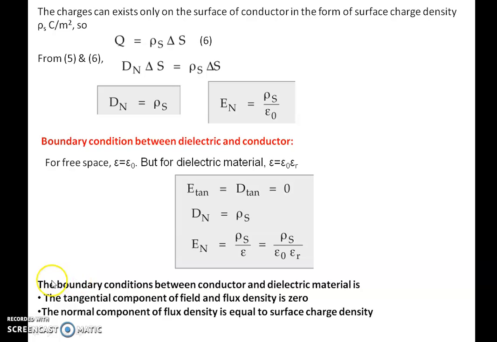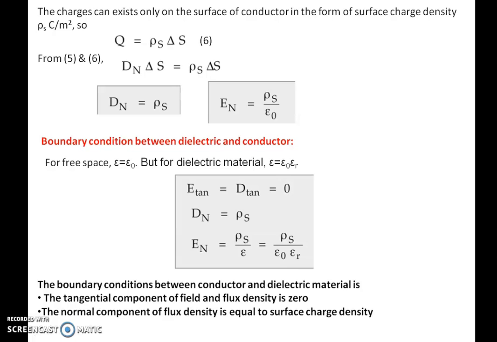To summarize this boundary condition, the tangential components of the field and flux density are 0, and the normal component of the flux density is equal to the surface charge density. So Etan is equal to Dtan, which is equal to 0, and Dn is equal to rho s, and En is equal to rho s by epsilon. Epsilon is, for free space, epsilon naught, and for dielectric material, epsilon naught into epsilon r.